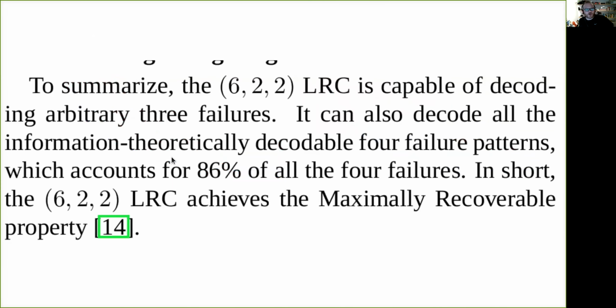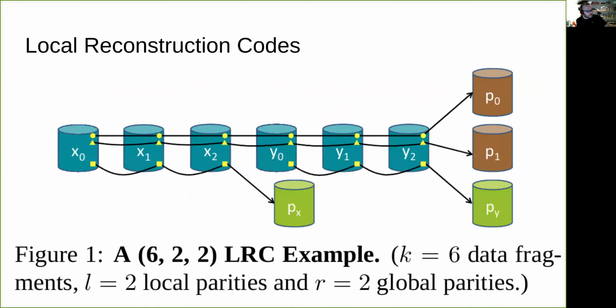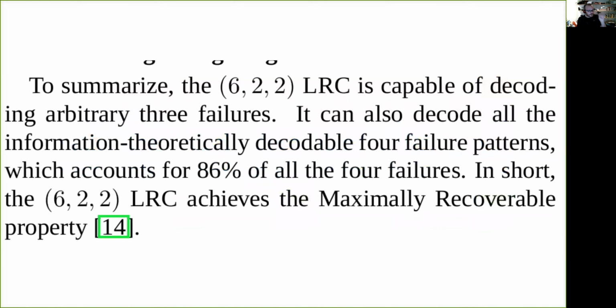So 6-2-2 are the choices you make: 6 data, 2 local, 2 global. So that particular, I forgot what LRC means, that particular local reconstruction code. I didn't have to admit that, did I? So that particular local reconstruction code is information theoretically maximum.